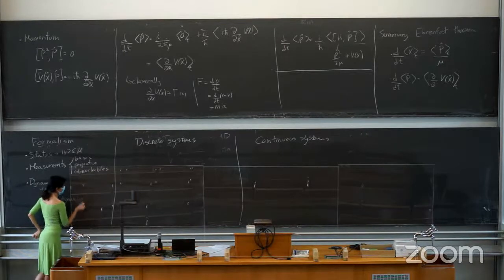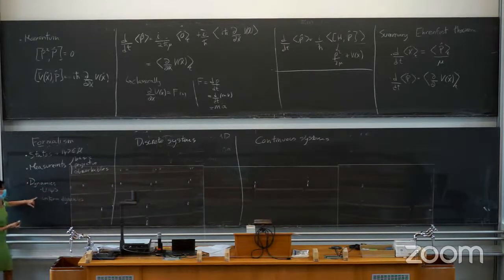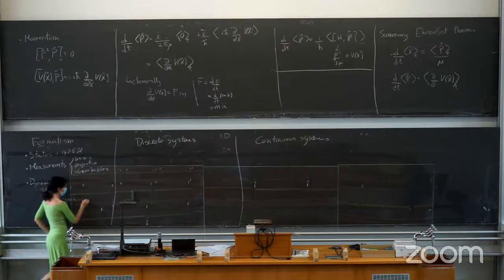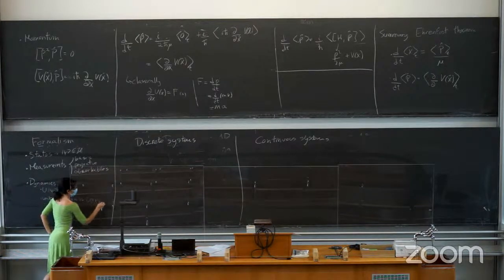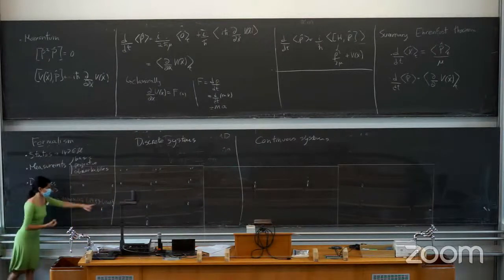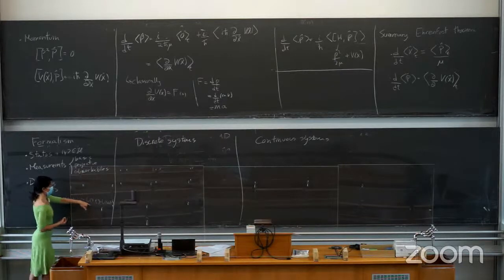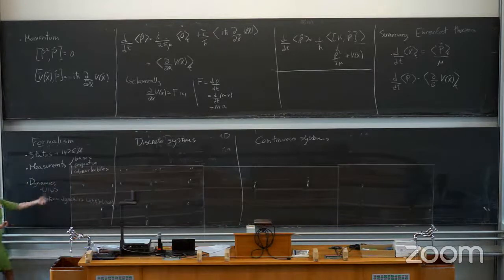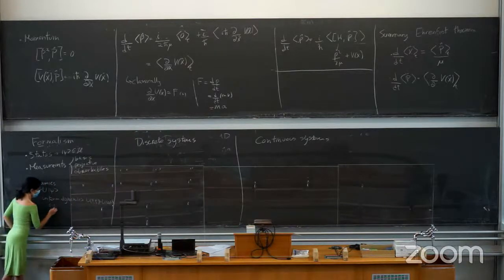And then we saw that if there's some parameter t, for example time, such that the unitary only depends on the amount of time that has passed from the beginning to the end, then we have the H of t.